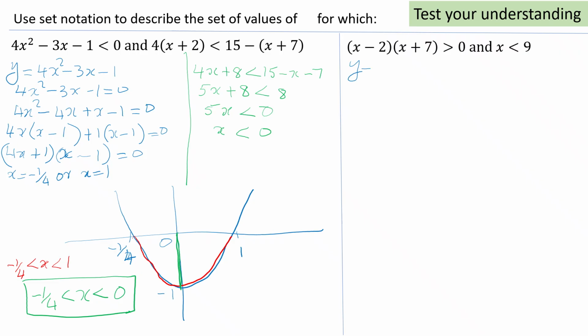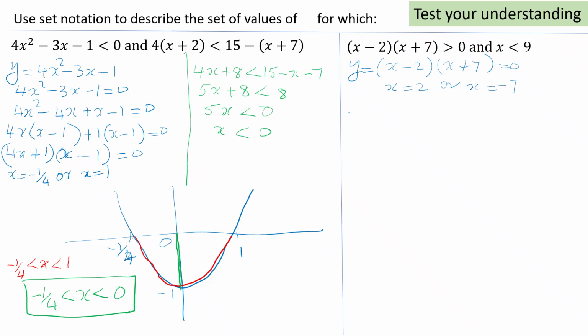So y equals x minus 2 times x plus 7. When y equals 0, and this is equal to 0, x equals 2, or x equals minus 7.